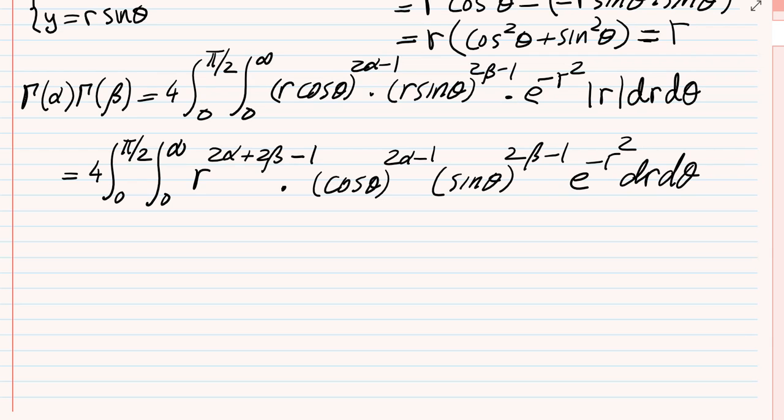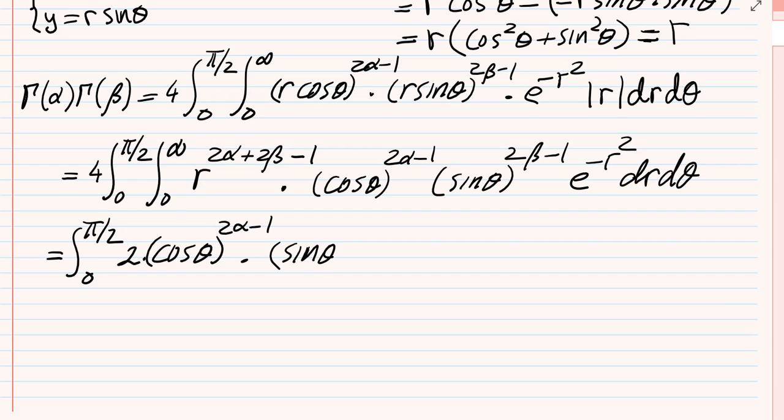Now in the next step, we're going to break this up into two integrals. One's going to be from 0 to pi over 2, and then the 4, I'm going to write it as 2 times, the trig functions cosine theta to the 2 alpha minus 1 times sine theta to the 2 beta minus 1, and then d theta.